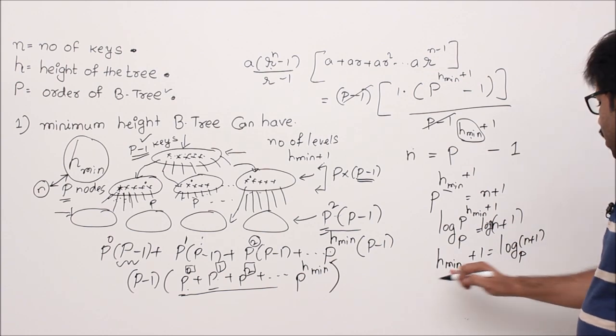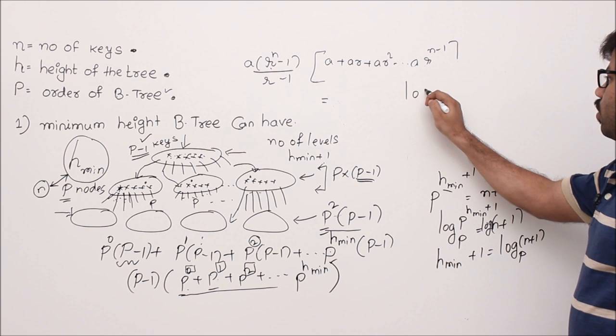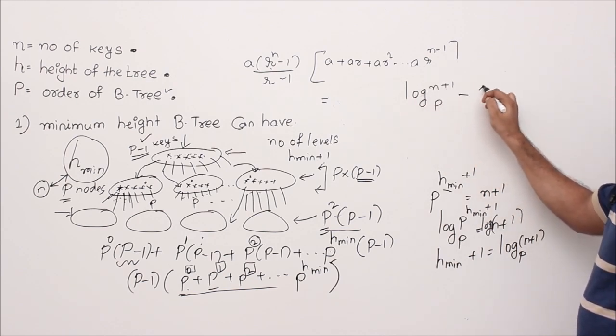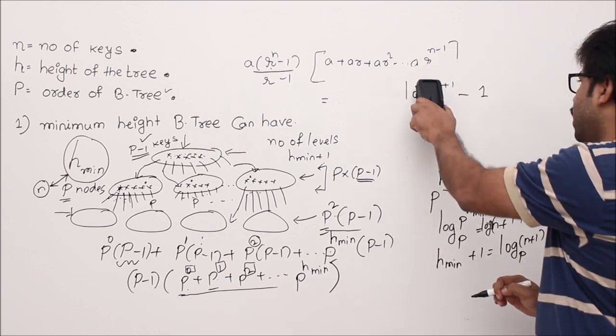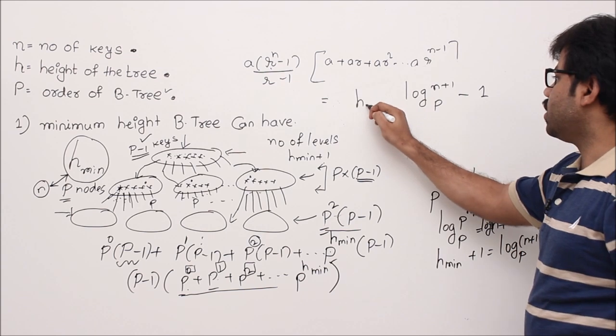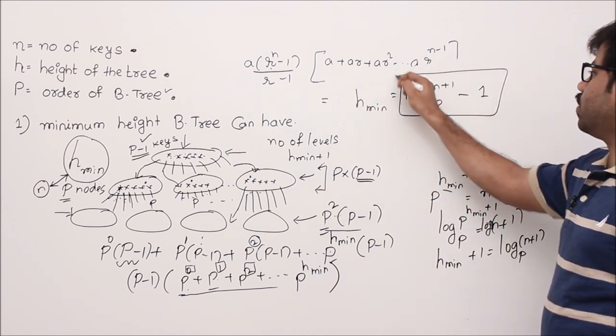I had forgotten to apply logarithm. Now what is h min then? It will be log n plus 1 base p minus 1. H min equals log n plus 1 base p, minus 1.